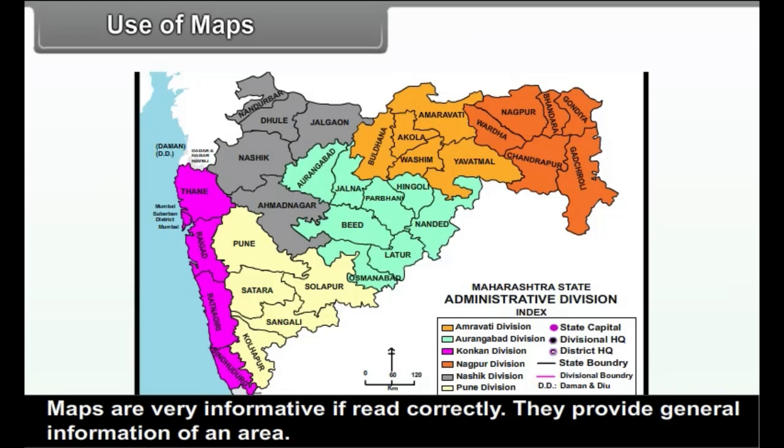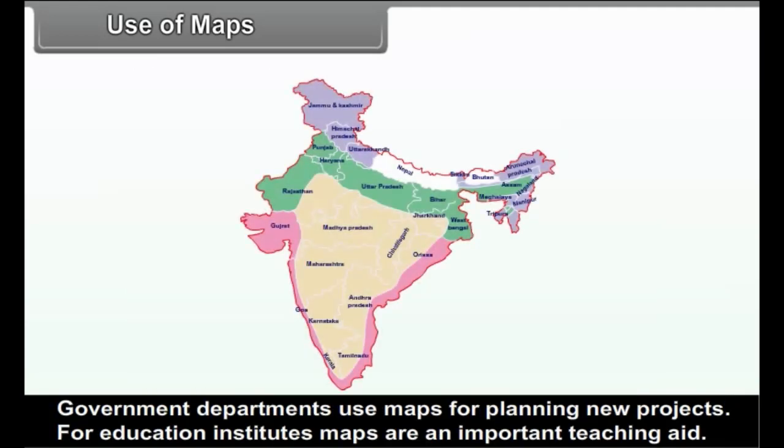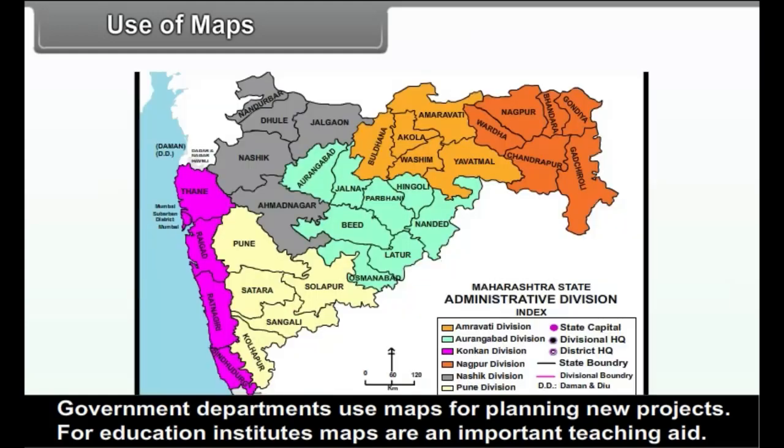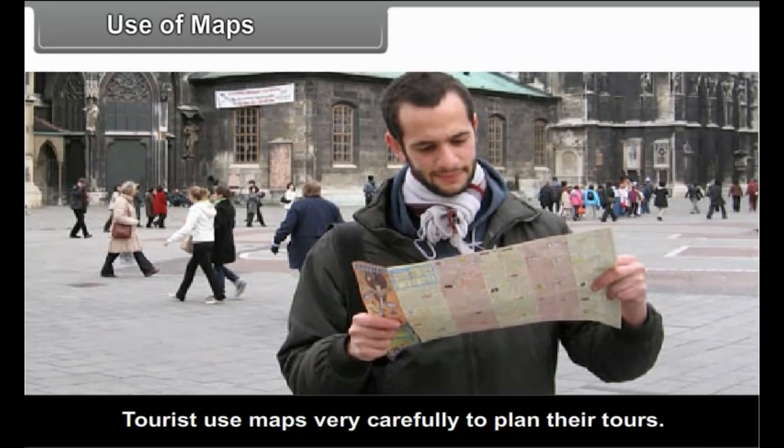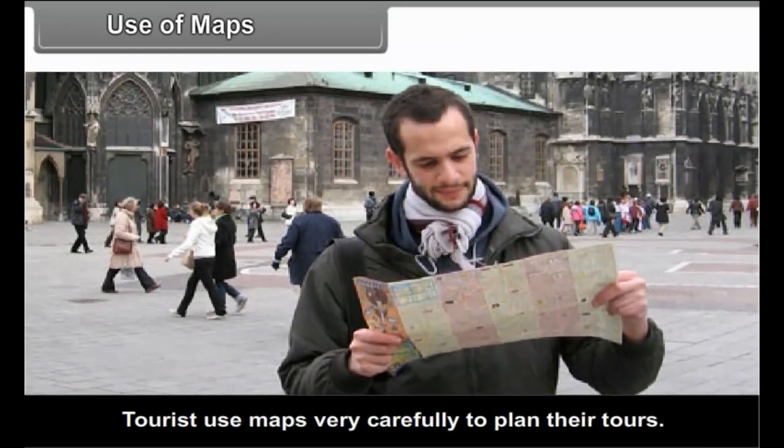Use of maps. Maps are very informative if read correctly. They provide general information of an area. Government departments use maps for planning new projects. For educational institutes, maps are an important teaching aid. Tourists use maps very carefully to plan their tours.